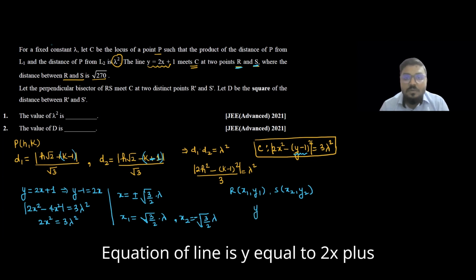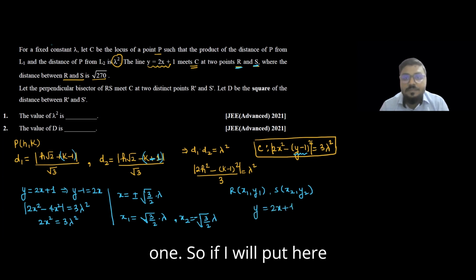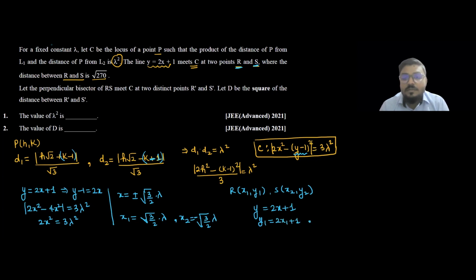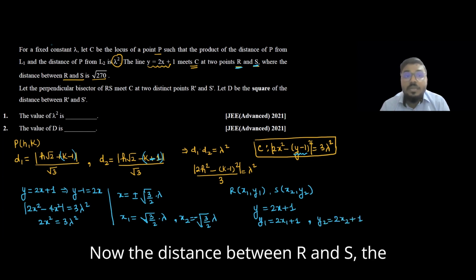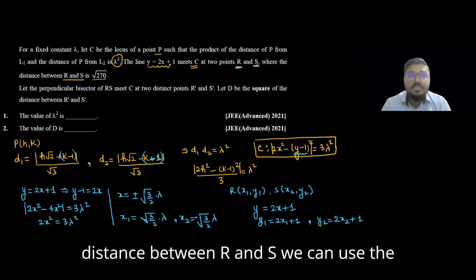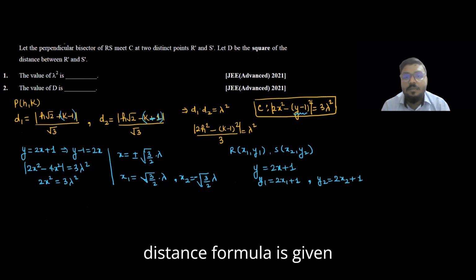Equation of line is y equal to 2x plus 1. So y1 equal to 2x1 plus 1, and y2 will be equal to 2x2 plus 1. All right. Now the distance between R and S, we can use the distance formula.